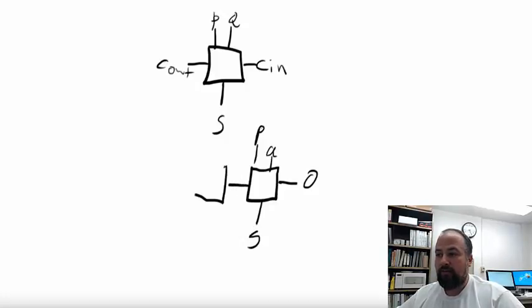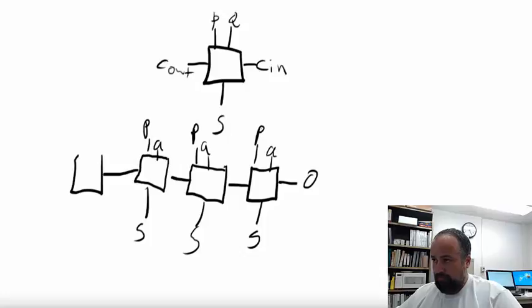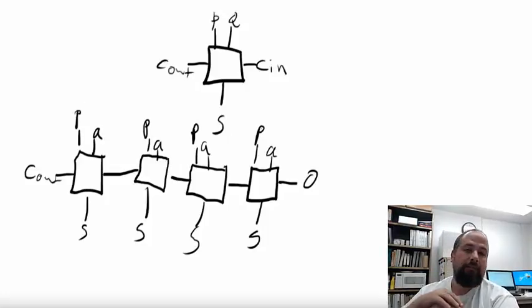Suppose I connected that to another full adder with a P and a Q and a sum and another Cout, and suppose I connected that Cout to the Cin of the next adder, and a P and a Q, and on down the line. What do I have here? I have a 4-bit adder, right?